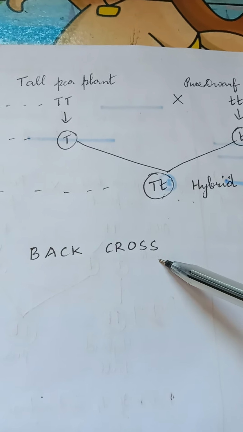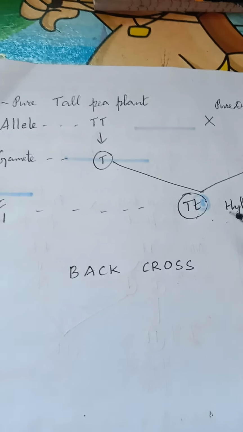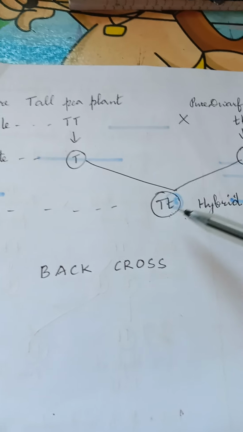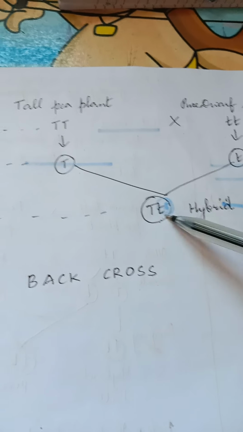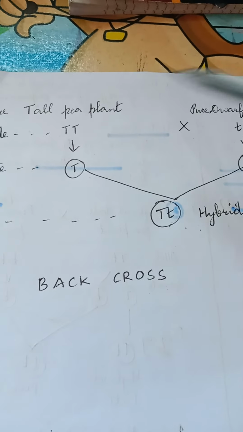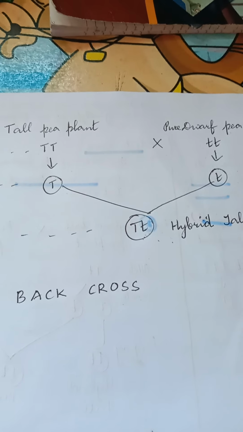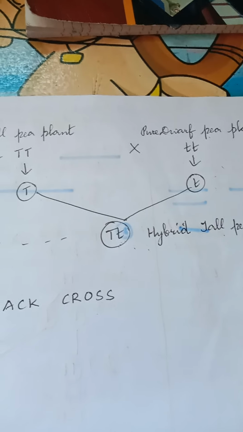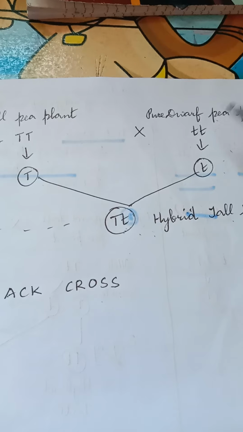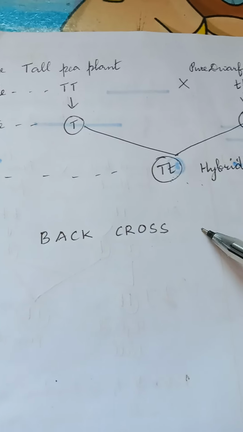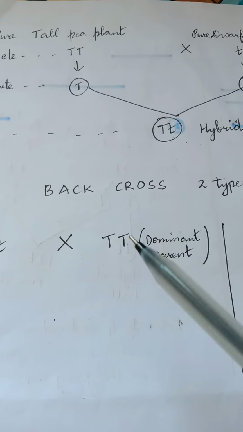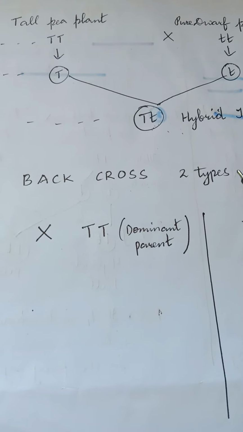So back cross means crossing the F1 individuals or the F1 hybrid with any of the two parents, either with the tall parent, that is the dominant parent, or with the recessive parent, that is the dwarf parent. So we can say that the back cross is of two types.